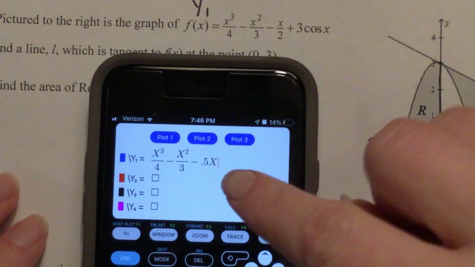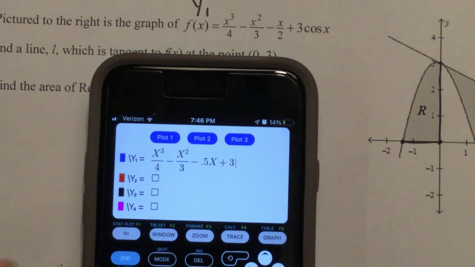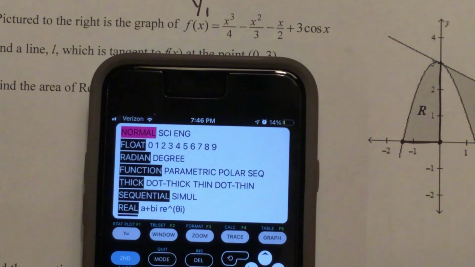Right, 1/2 x is 0.5x, and then plus 3 cosine of x. Am I in radians mode? Yes.